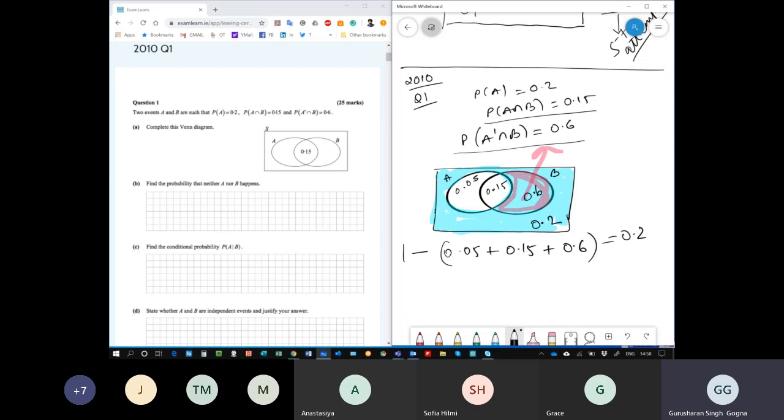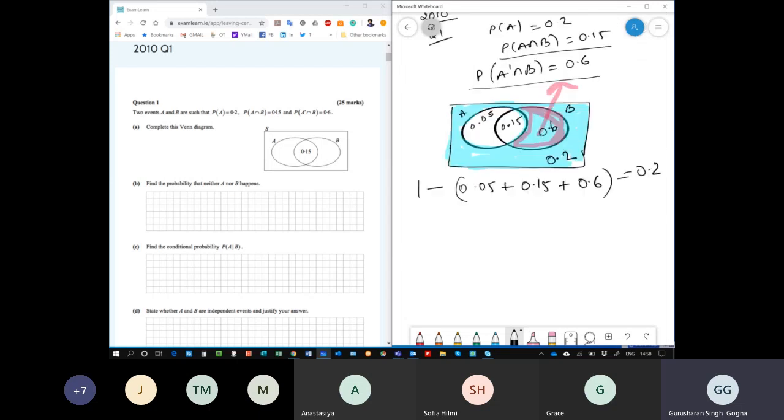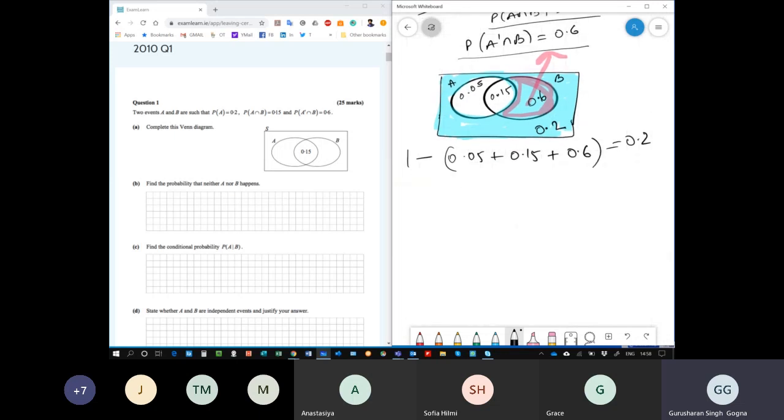Now in some questions you may not get anything given, but you have to check whether the total inside A and B is 1 or not. Find the probability that neither A nor B happens, which we already got here. So this actually represents neither A nor B. So that's the answer for part B.